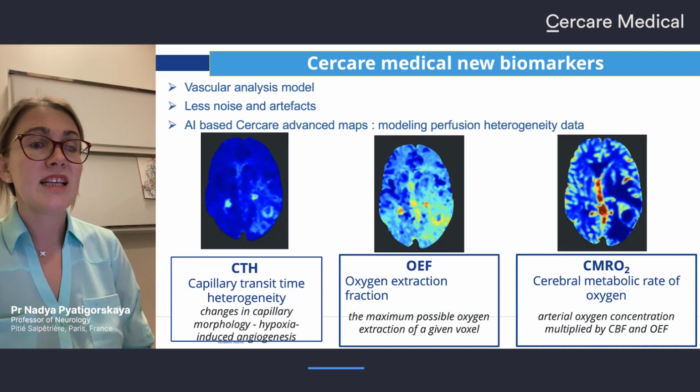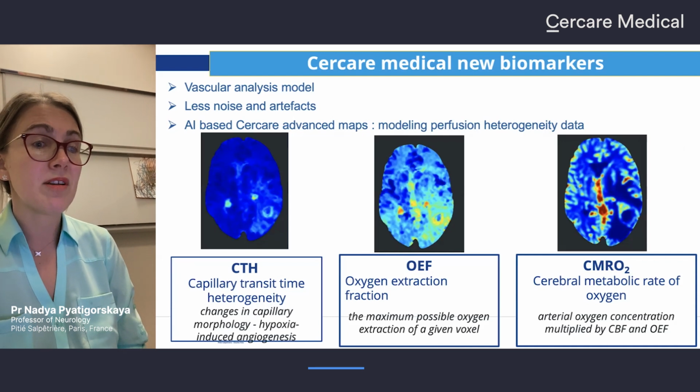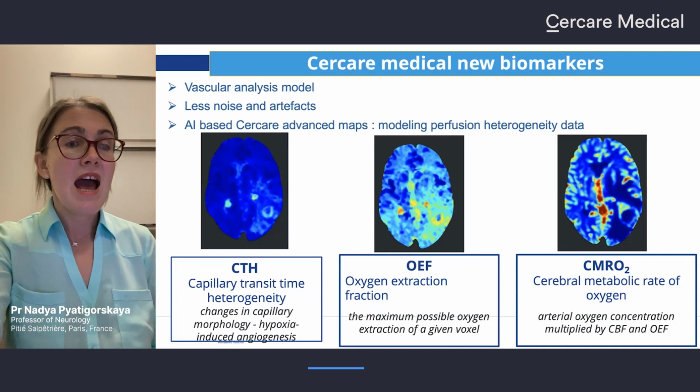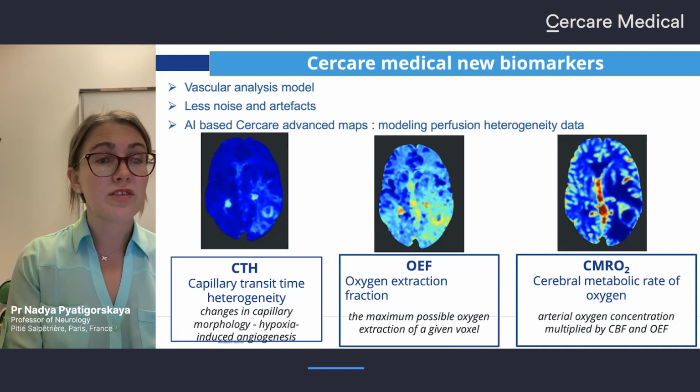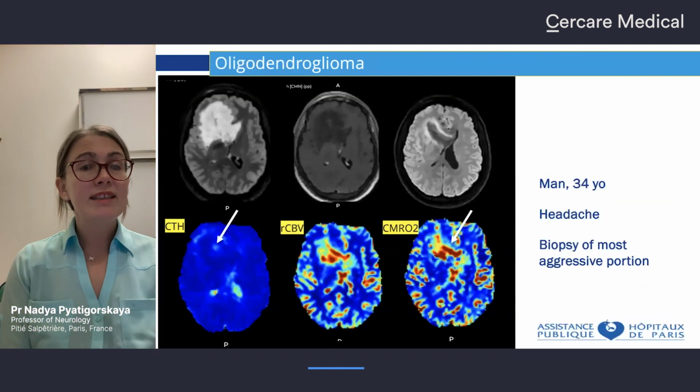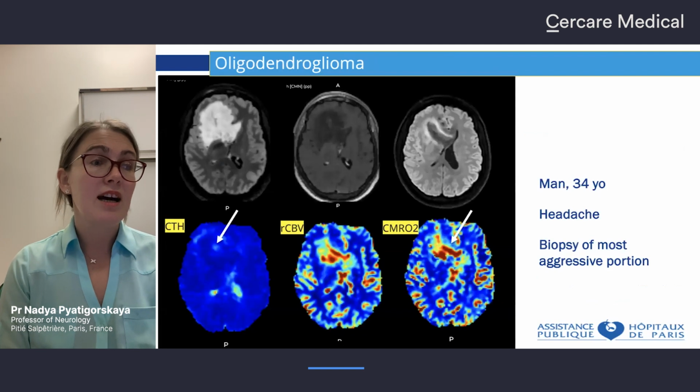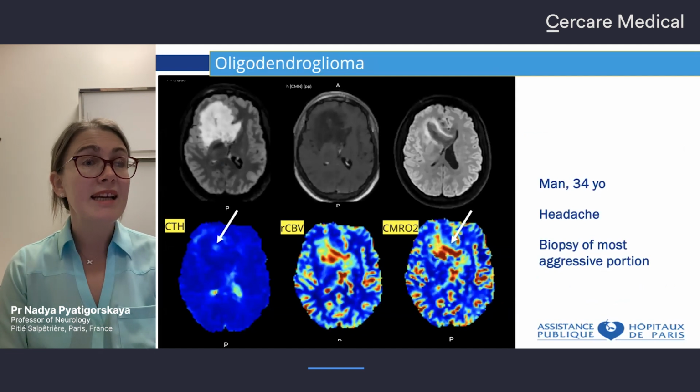And we have the CMRO2, that is the cerebral metabolic rate of the oxygen. And this would correspond to particular aggressive portions of the tumor. So let's see how we can actually analyze these markers and how they can be helpful to us.